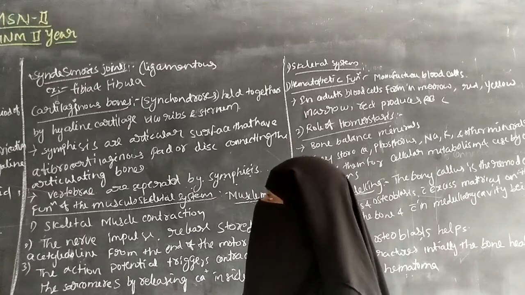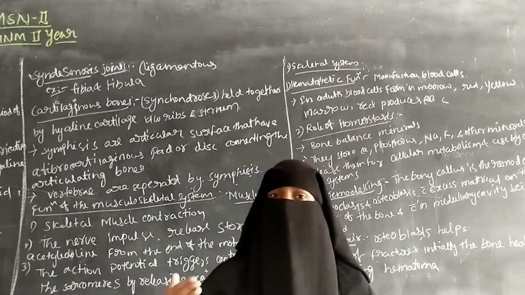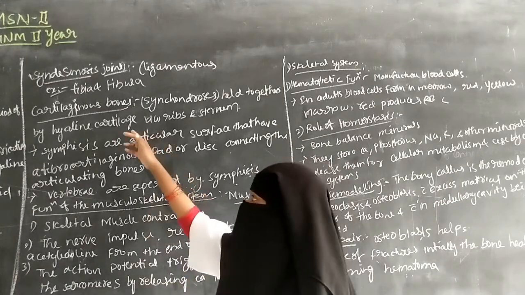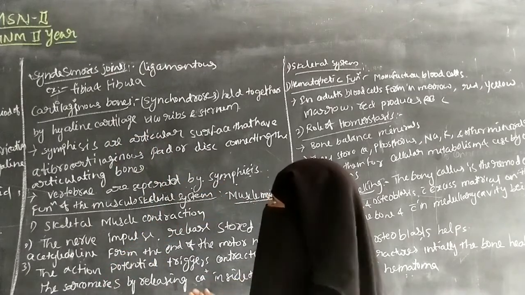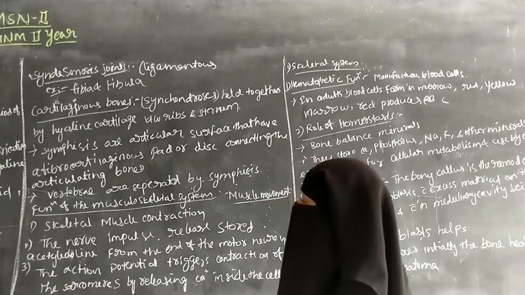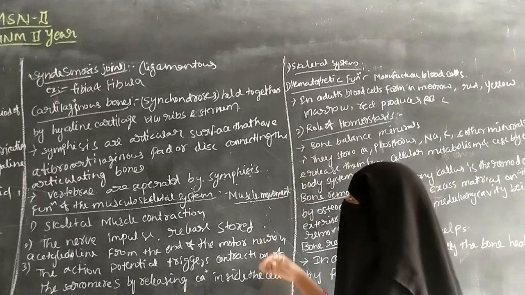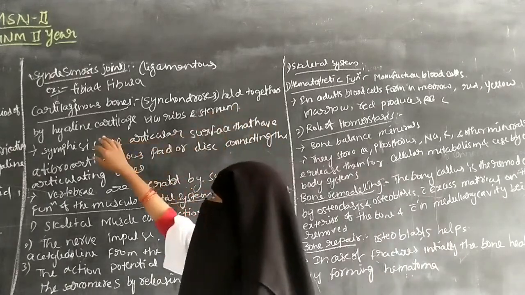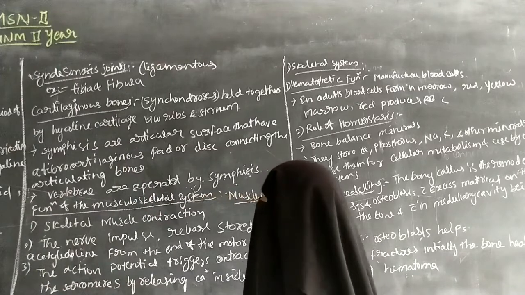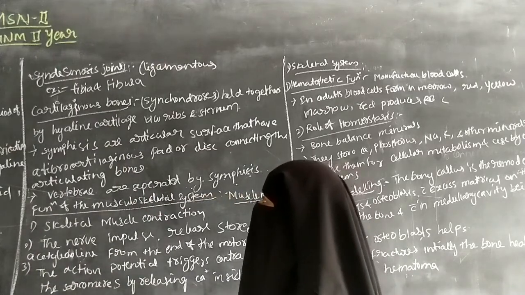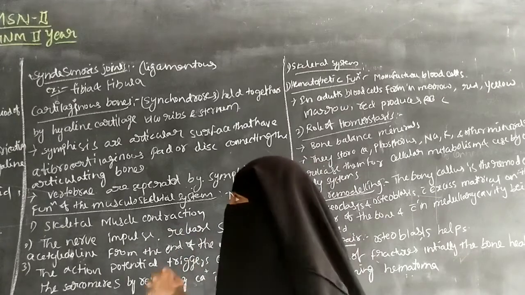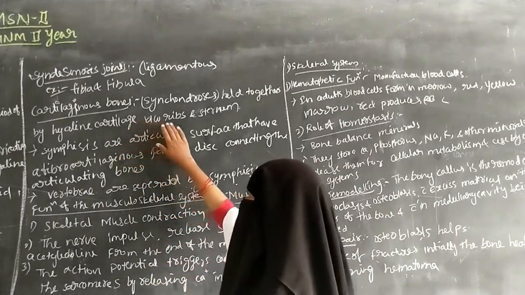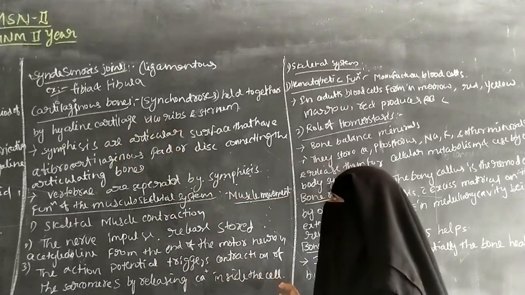The cartilaginous joints become articulated by the hyaline cartilage, which is a connective tissue covering the bone. They are held together by the hyaline cartilage between the ribs and the sternum.